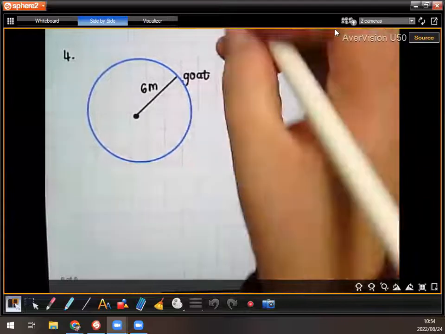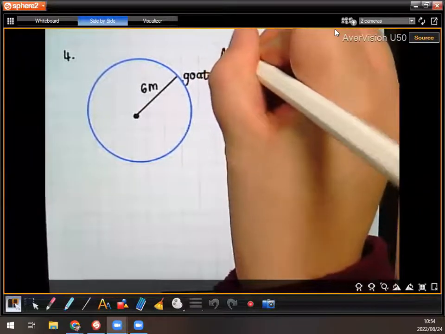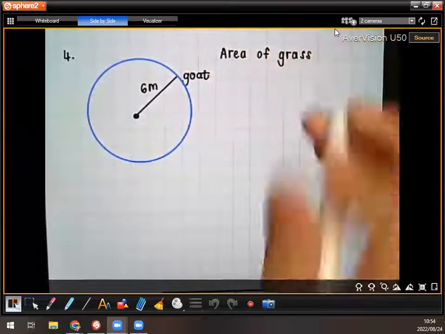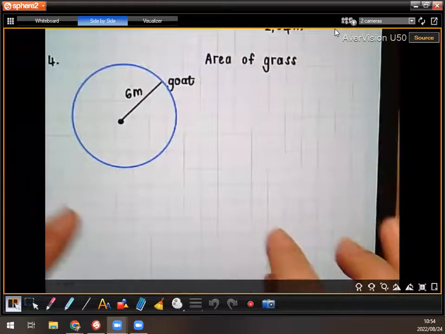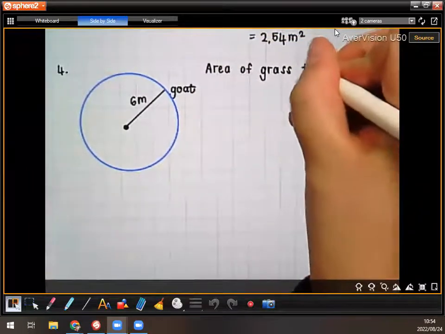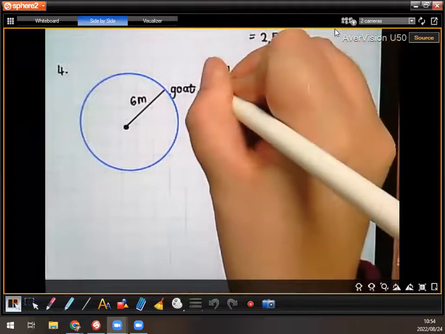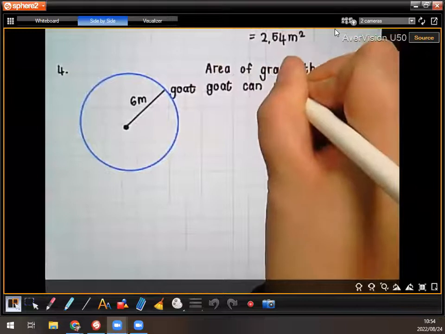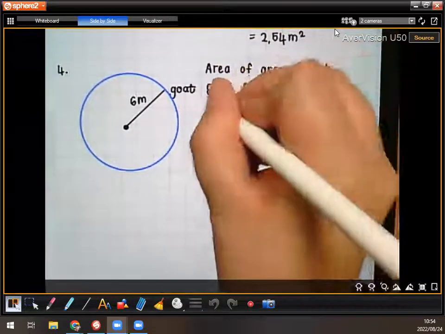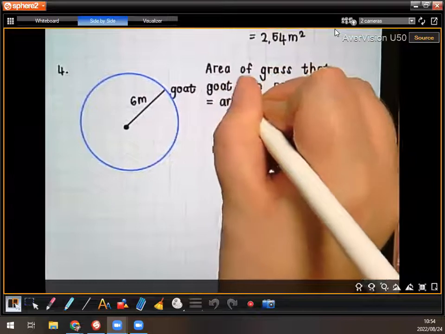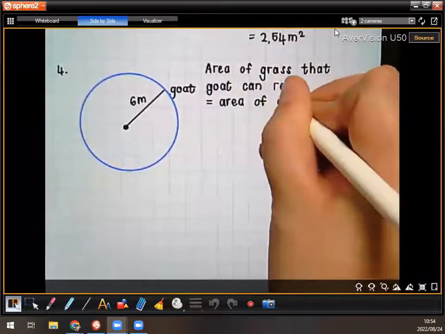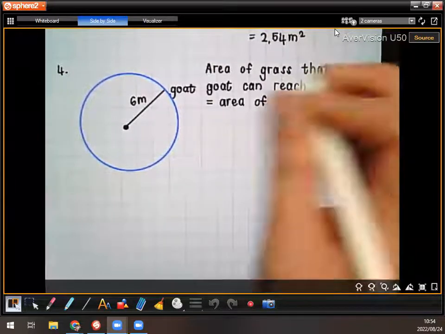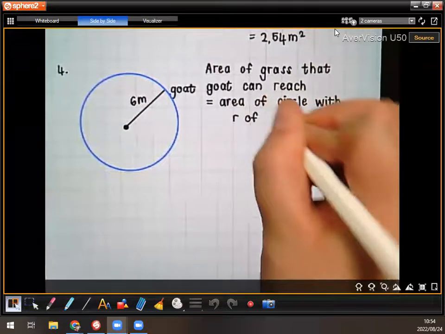So I'm going to write here on the side: the area of grass that the goat can reach is actually going to be the area of a circle with a radius of 6 meters.